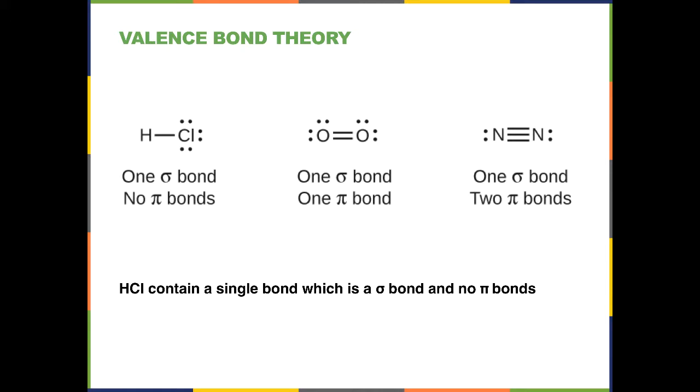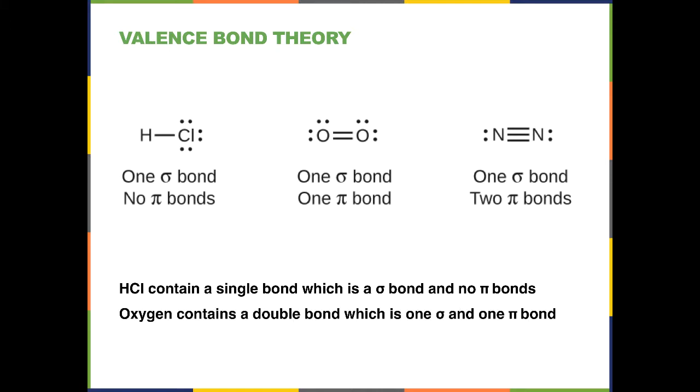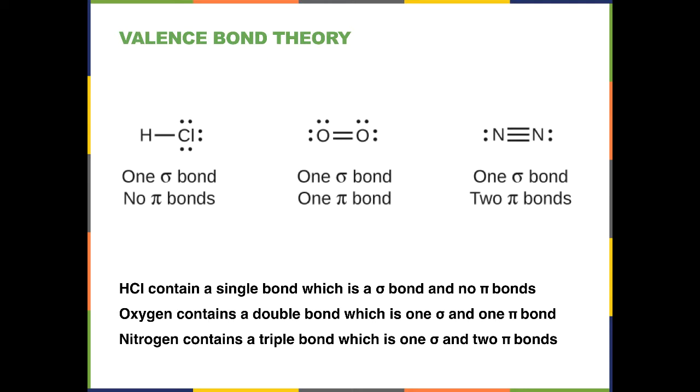And when a triple bond occurs, you have one sigma bond, which is the first end-to-end, and then the other two represent two pi bonds. So oxygen, because it has a double bond, has one sigma bond and one pi bond. And nitrogen, because it has a triple bond, has one sigma bond and two pi bonds.